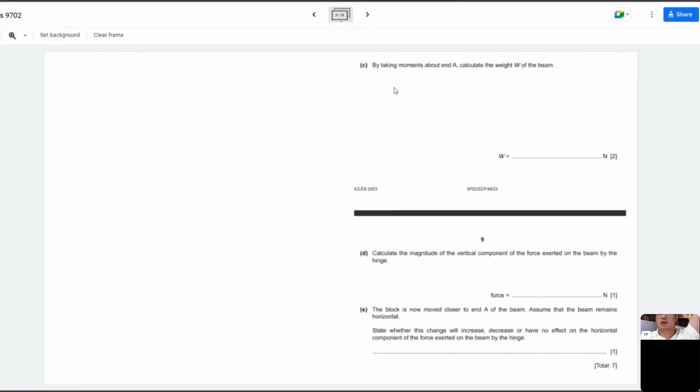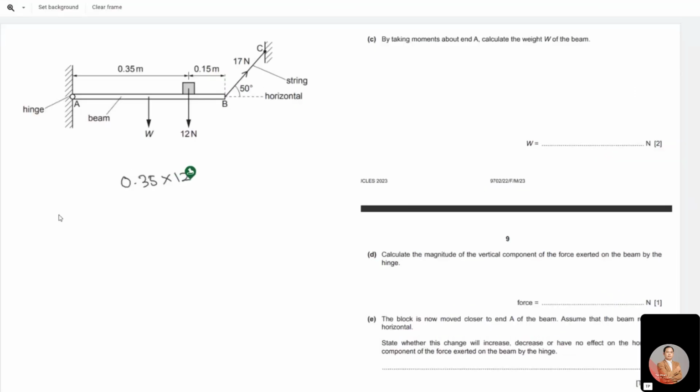Okay, question C. By taking moments about the point A, calculate the weight of the beam. About A, 0.35 times 12. How about the moment of the weight W? You need to calculate the moment of the weight, which is the thing that we need to find.